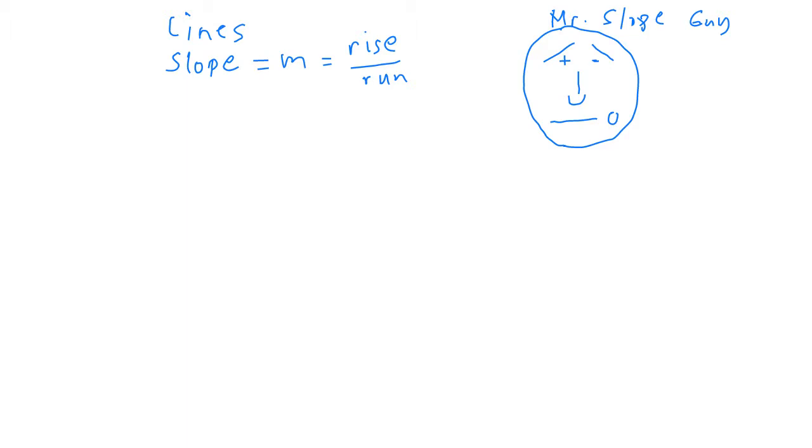Now, the first formula for slope would be m is equal to y2 minus y1 all over x2 minus x1. We call this the two-point slope form.